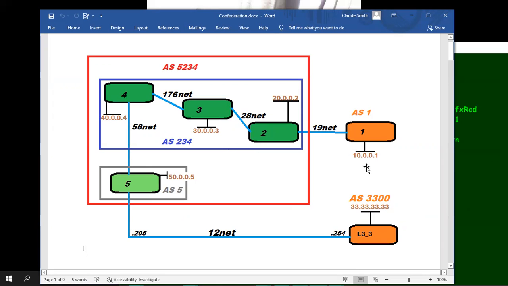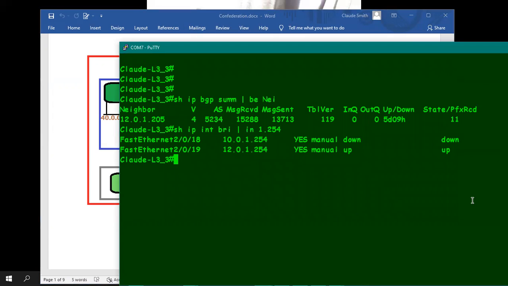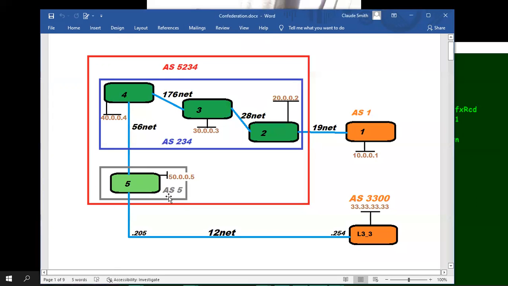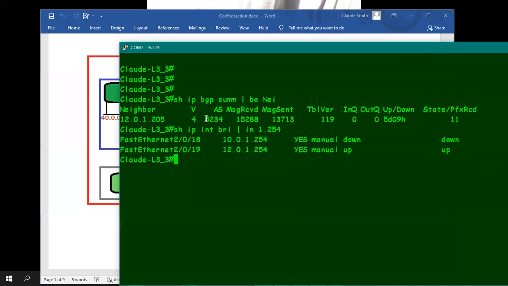And why I say that is for the reason you clearly see we have autonomous system 5 and we got autonomous system 234. Now, autonomous system 3300, which is this one, is connected to sub-autonomous system 5, which in turn is connected to sub-autonomous system 234. But an external BGP neighbor doesn't give two flies about that. It looks at it as one big autonomous system, 5234.